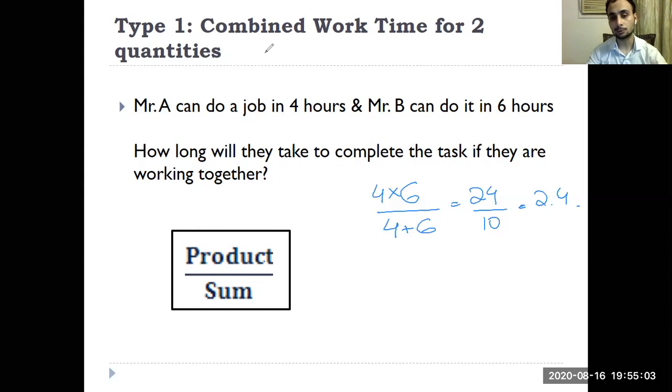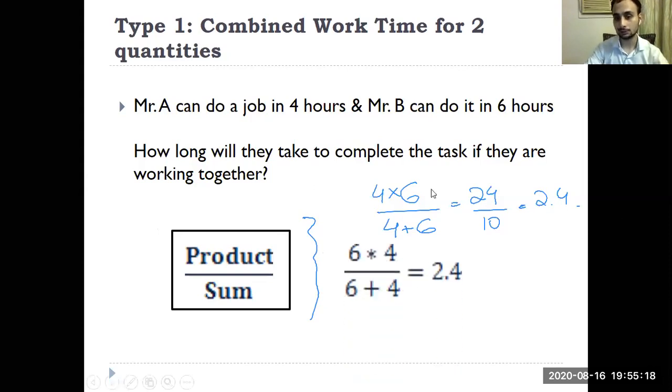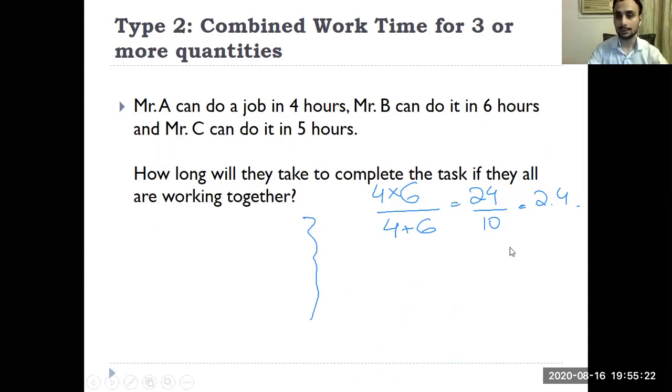I hope ये आप लोगों को बिल्कुल clear हो चुका हो. आपका simple जो formula है वो ये है product divided by sum. ठीक है? Let me show you how the solution is on the slides. So again, 6 into 4 divided by 6 plus 4, 2.5 hours.